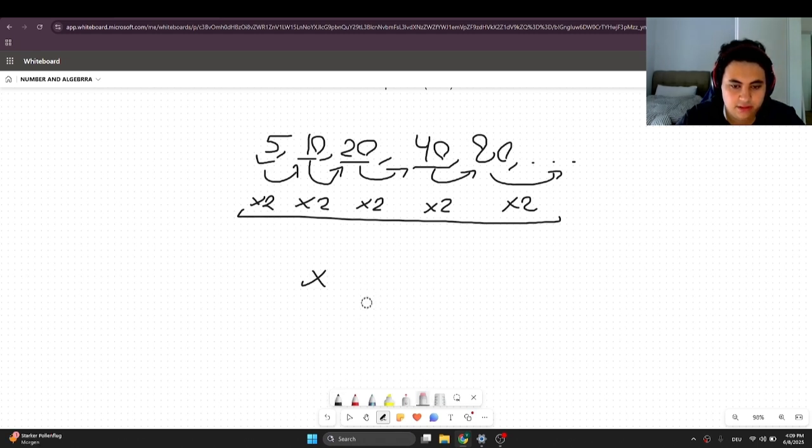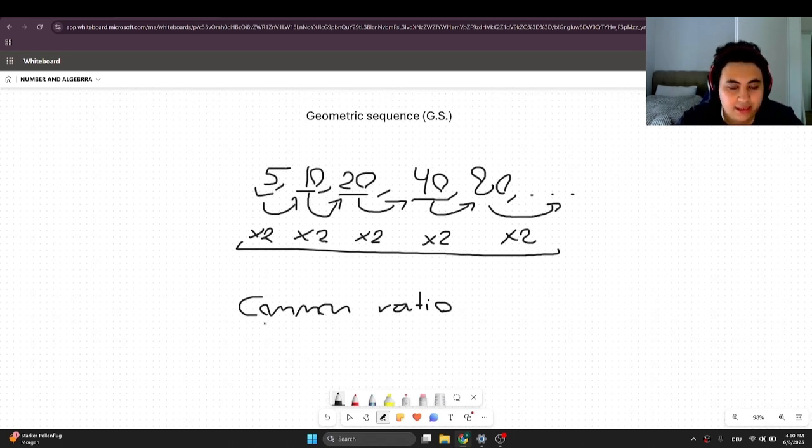So over here in the sequence, we multiply each term by what we call the common ratio. In arithmetic sequences, we say it's the common difference and it's denoted by D. In geometric sequences, it's called the common ratio and it's denoted by R.